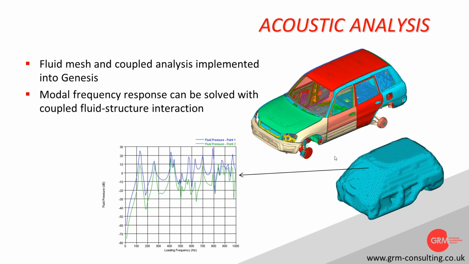And the coupling is fully automated inside the Genesis solver. It works on proximity to the boundaries of a structural mesh to form the coupling between the fluid mesh and the structural mesh. And once included, you can investigate your modal frequency response, looking at the pressures in the acoustic cavity.